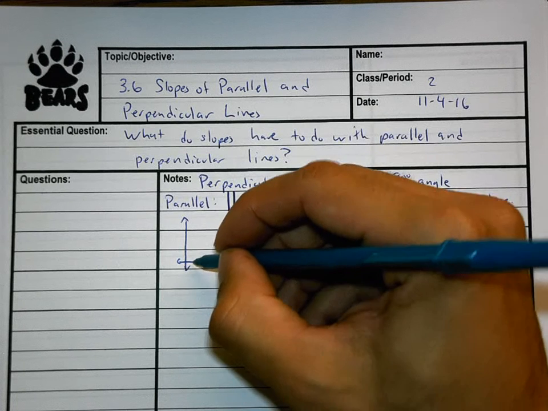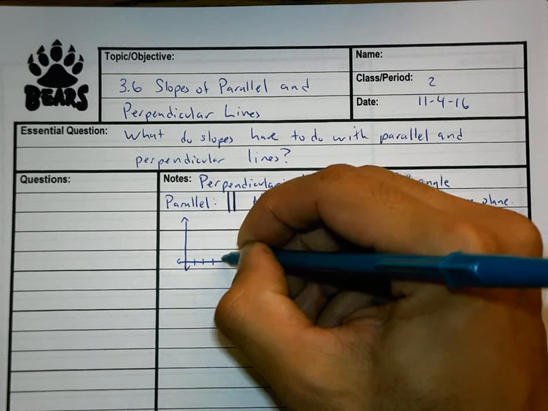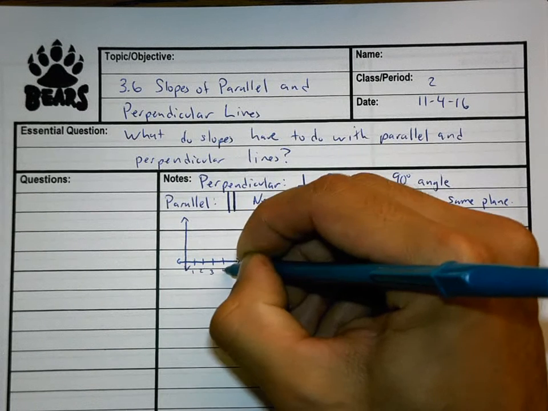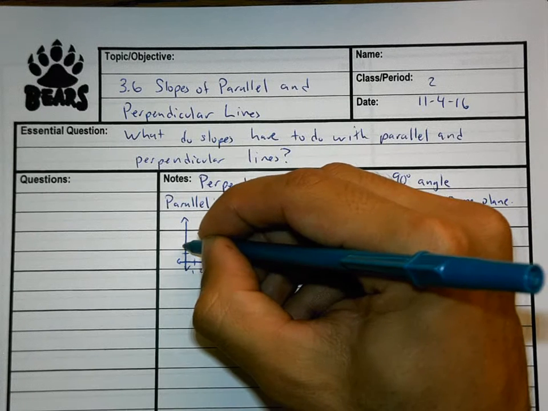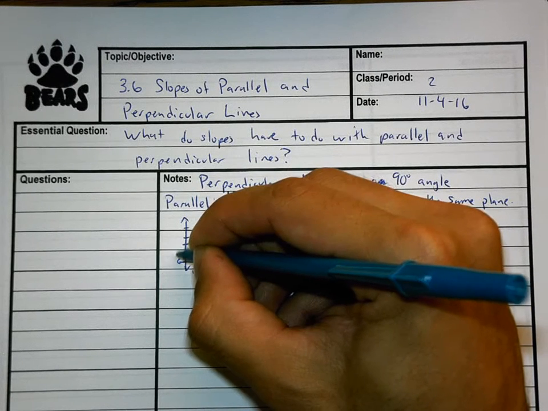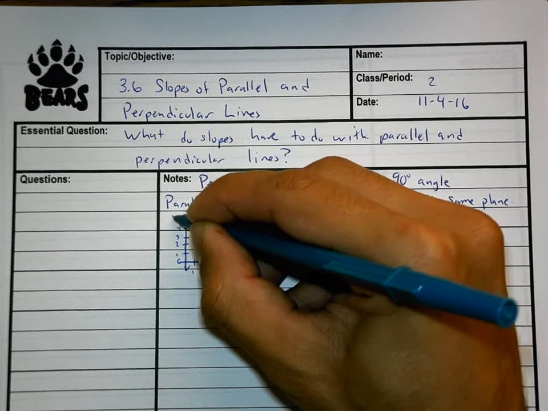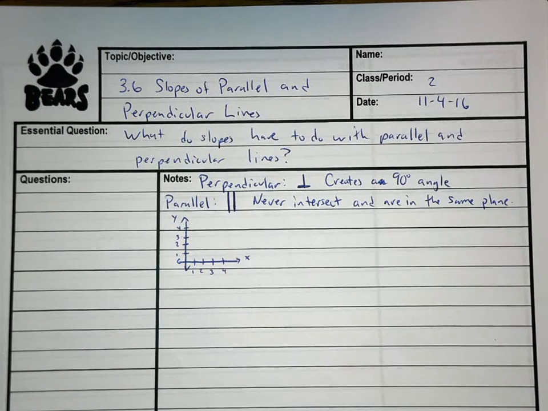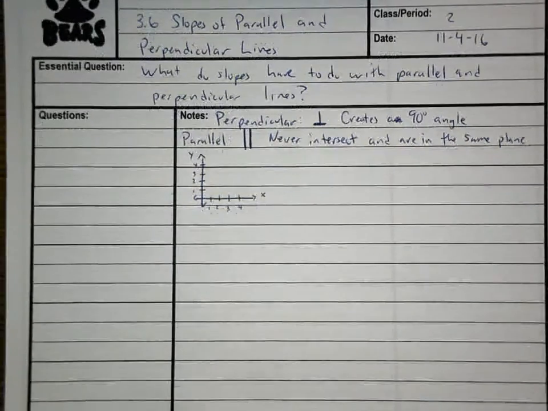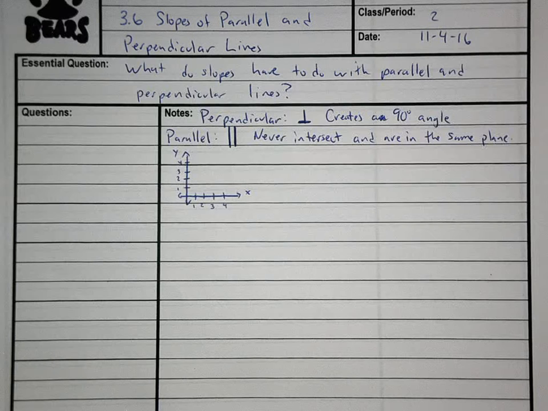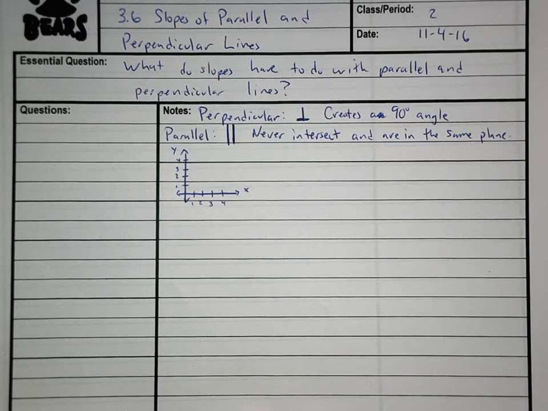I'm going to draw 4 lines, 1, 2, 3, 4 on my x-axis. I'm going to draw 4 lines on my y-axis. I'll recenter this up a little bit. And I'm going to draw 2 lines.